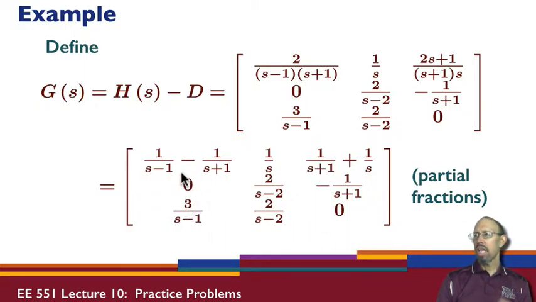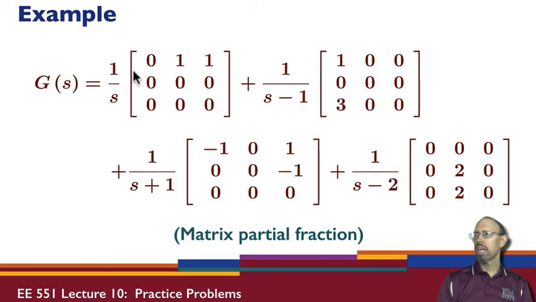Okay, so if I were to find, for example, the matrix that involves the partial fraction expansion for 1 over s, notice that 1 over s only appears in these 2 terms. It's 0 everywhere else. So when I do the partial fraction expansion, I get those 2 terms, 0 everywhere else, associated with 1 over s.